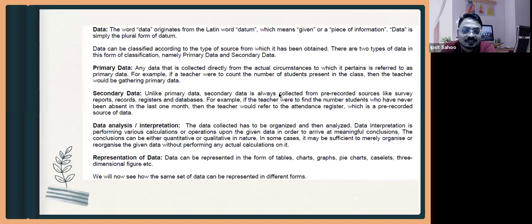But if I use the primary data to calculate some different data of the students, for example, what was the attendance today, what was the attendance yesterday or in the last class, what is the age of each student, what is the height of each student, and what is the average height, what is the average weight, all these things will be called secondary data.